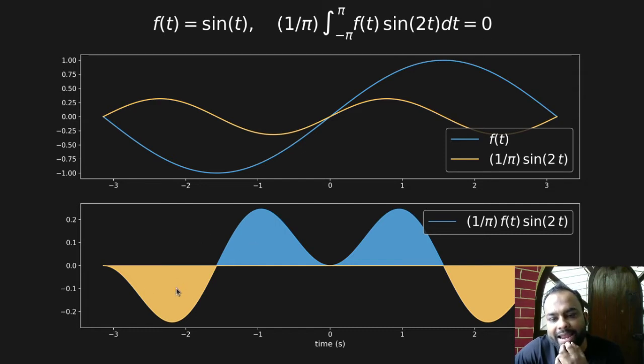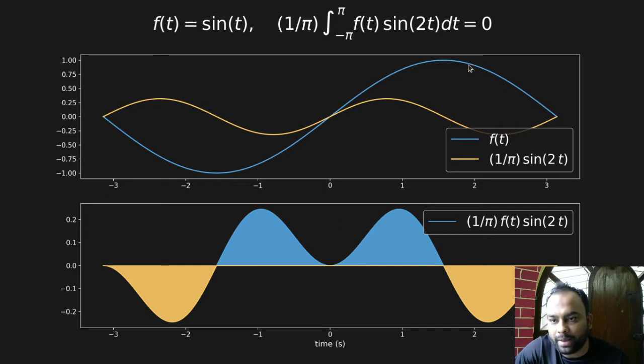And of course, since the signal is sin t, you know that the integration is going to be 0. But look at these areas. This is the total area under the curve, right? So that's the integration. But you can very clearly see that these blue ones are positive areas, and these positive areas are being equally cancelled out by the negative areas, right? So the total area is actually 0 under this integration.